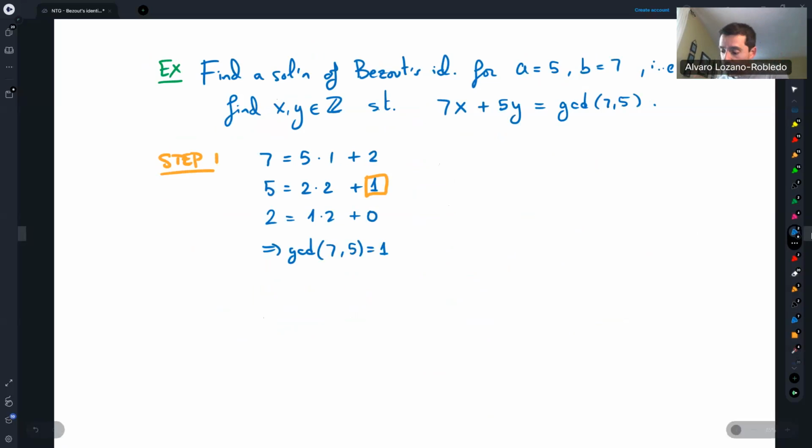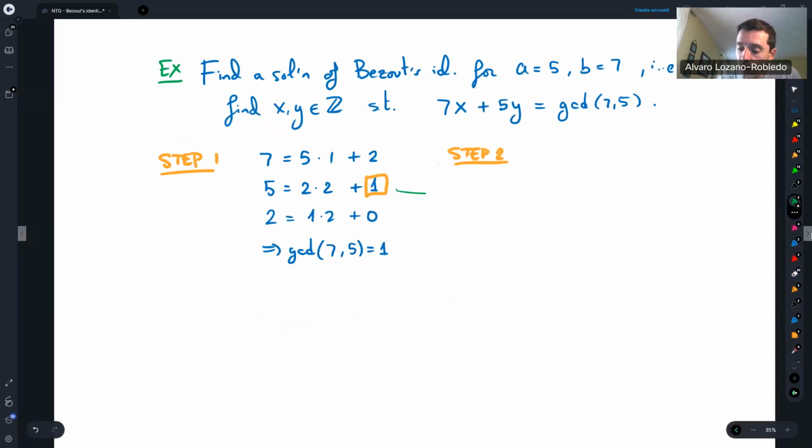Now in step 2, what we do is reverse the Euclid's algorithm to write 1 as a linear combination of 7 and 5. I want to eventually find a solution to this equation, so I want to find solutions of 7x plus 5y equals 1.